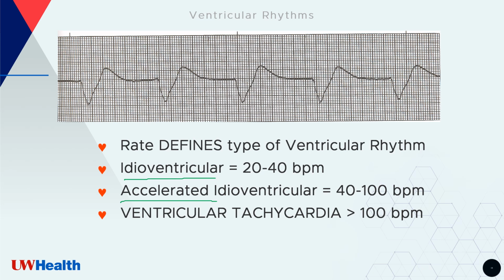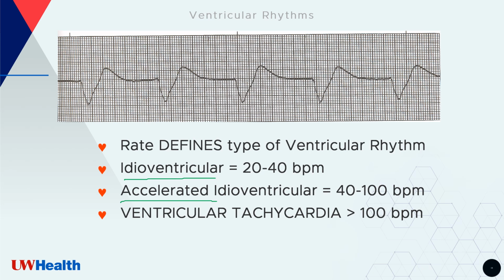So any rate 100 or less, but not part of that inherent rate of 20 to 40, somewhere between 40 and 100, then we get this accelerated idioventricular rhythm.